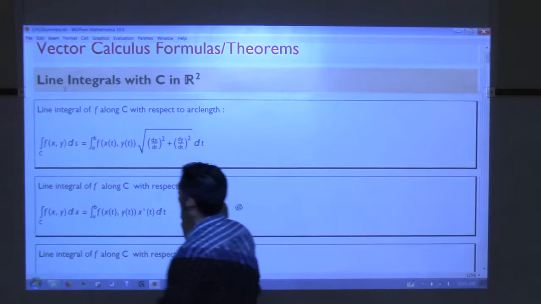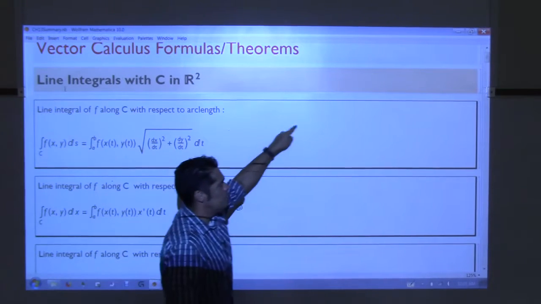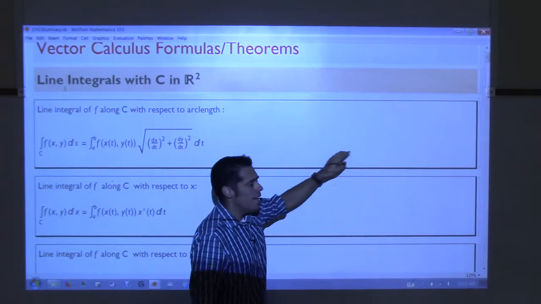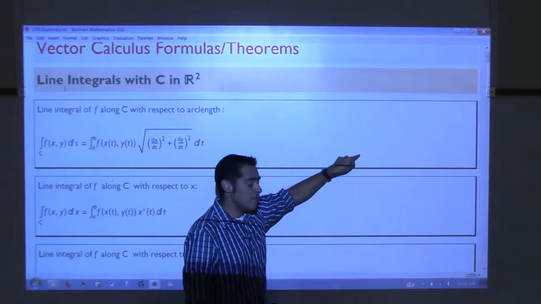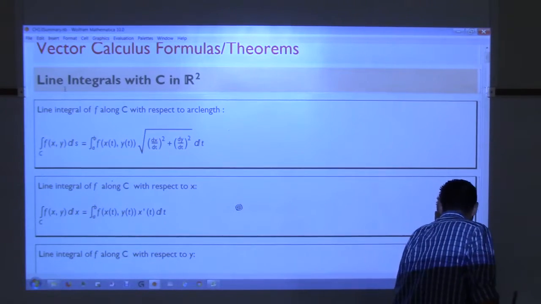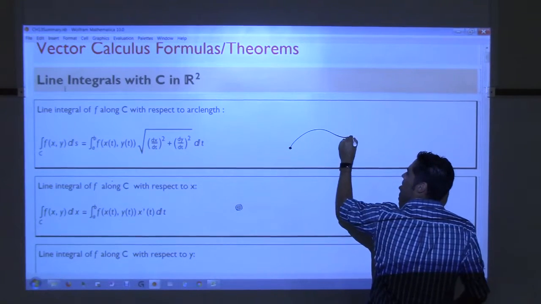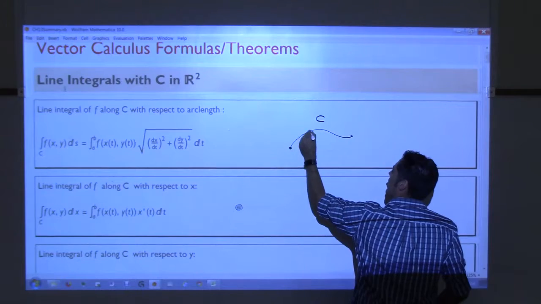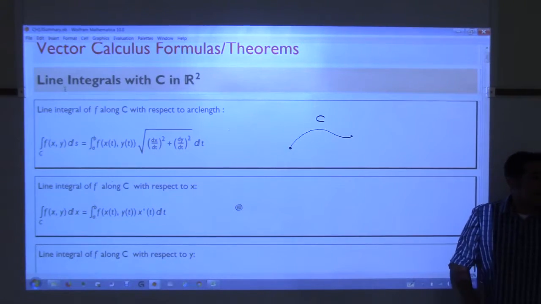We started off this chapter doing line integrals in 2-dimensional space. You had a curve C in 2-dimensional space, and what you were doing was evaluating a scalar function at every point on that curve, picking these points, plugging them into a function, and adding up all those values.